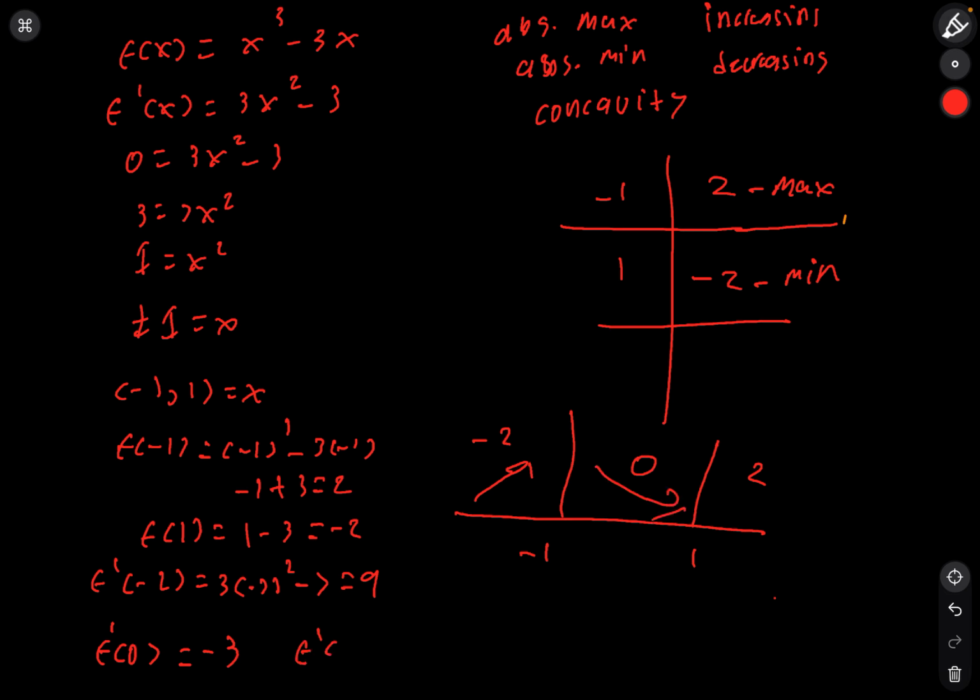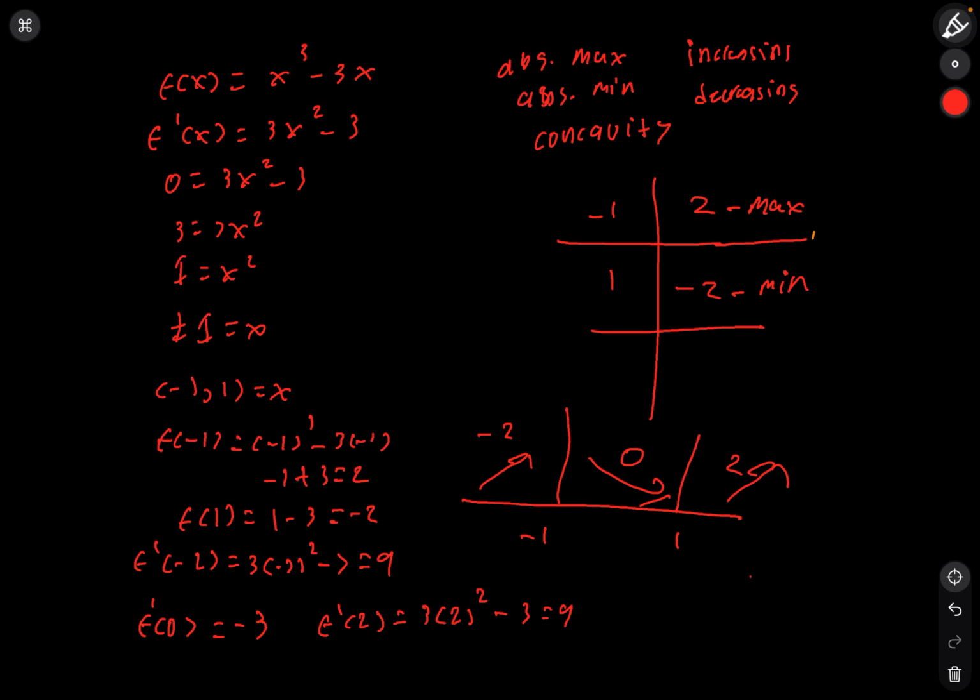And now you might see a pattern. So the function is increasing from -infinity to -1, and from 1 to infinity, and decreasing from -1 to 1.